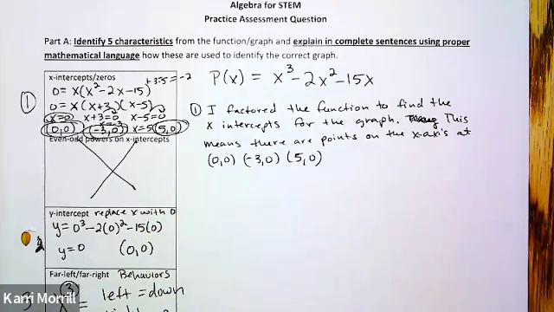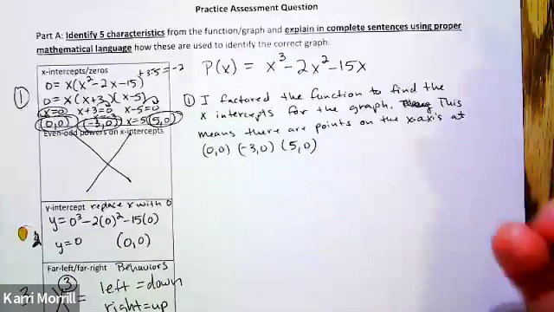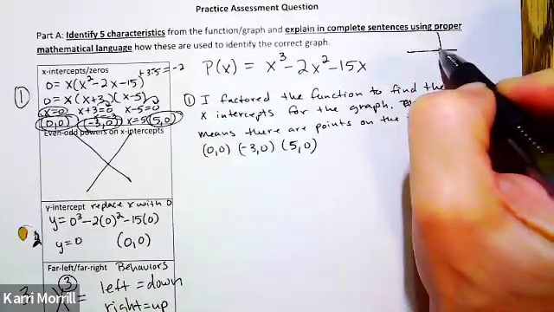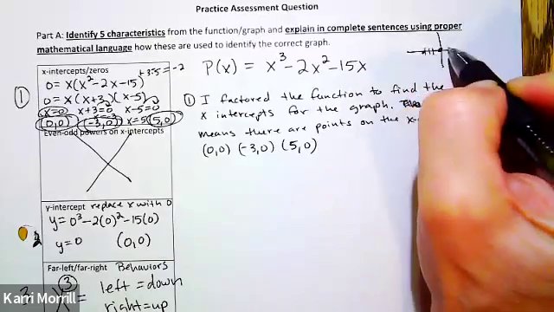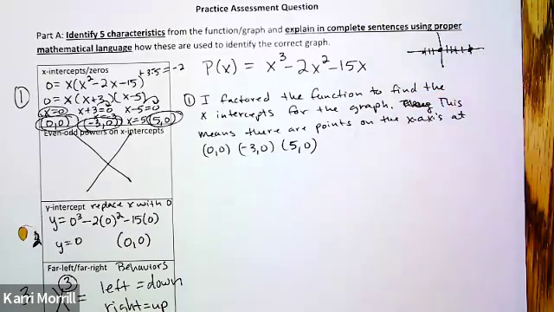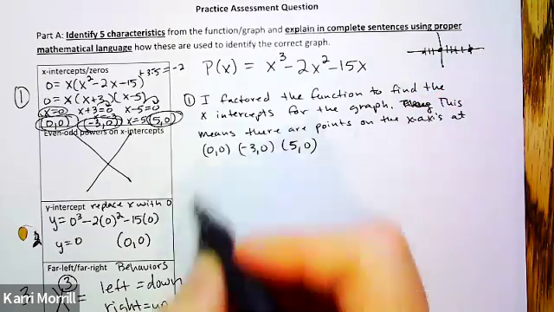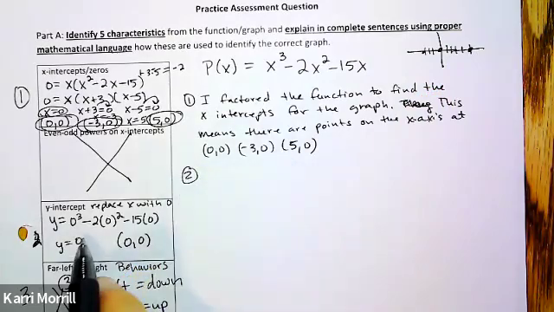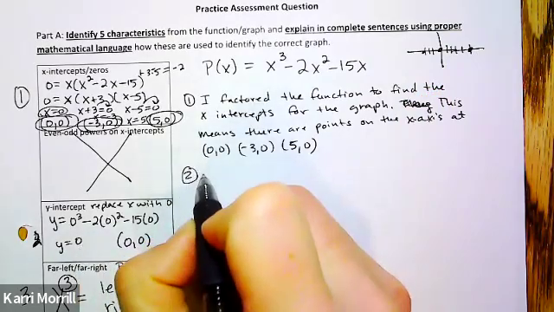So for me, it just means that's where you're going to have points on the x-axis that we've talked about so far in this unit quite frequently. The second thing that we identified was the y-intercept.